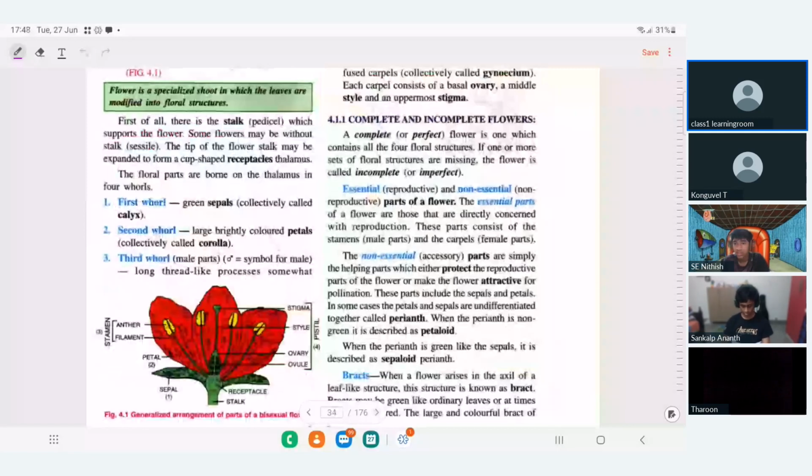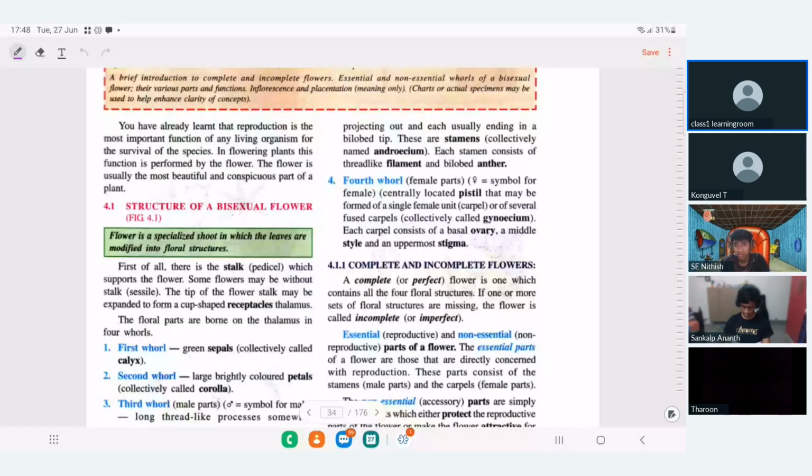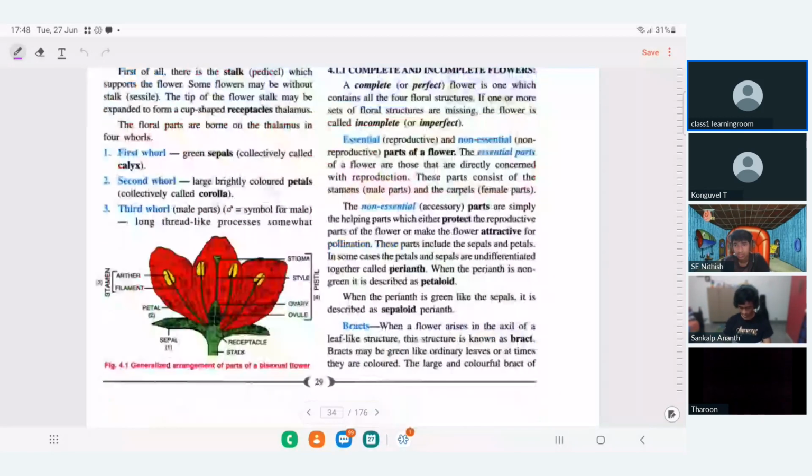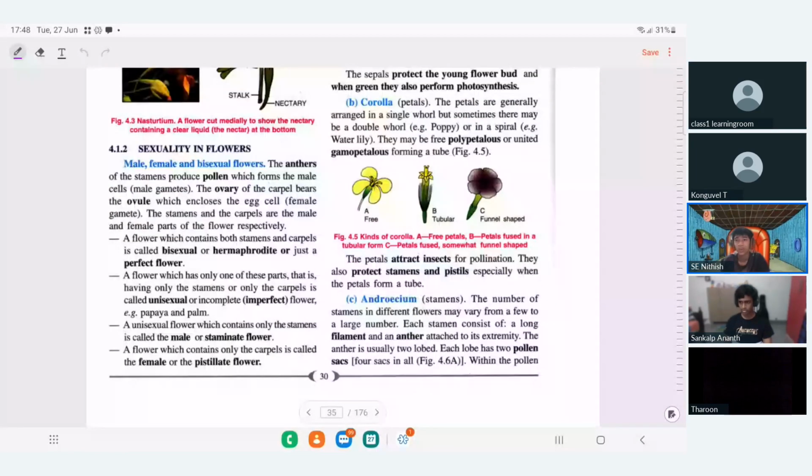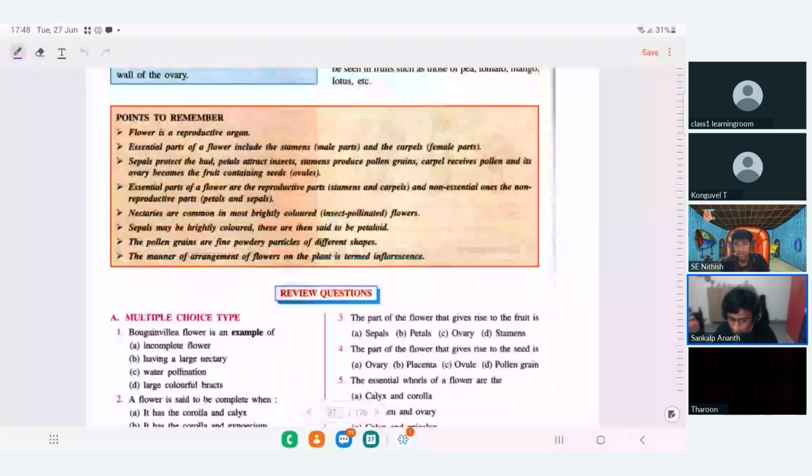So before your exam, we will be finishing this chapter also. Yes, sir. We won't be able to attend classes during exams, so we have to study hard. During exams, we can ask the teacher our doubts. Okay, sir.